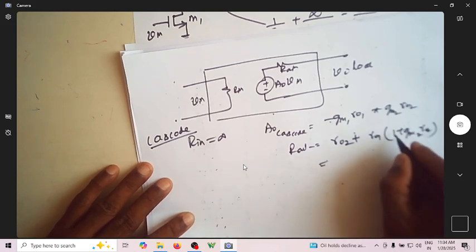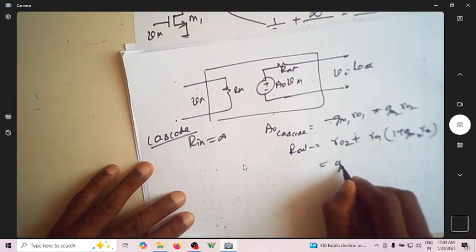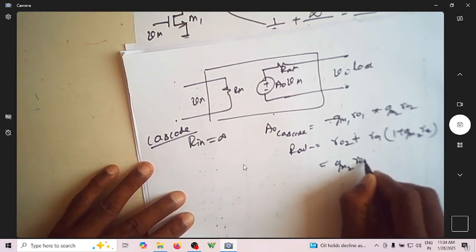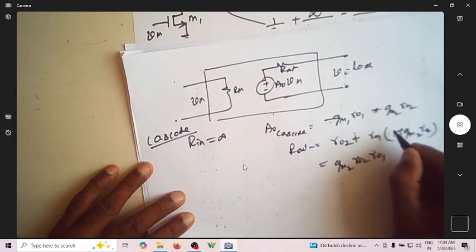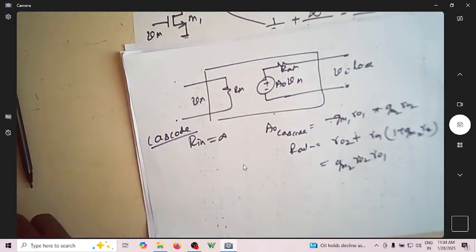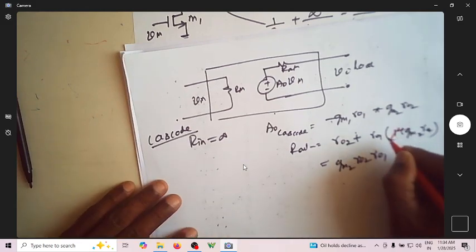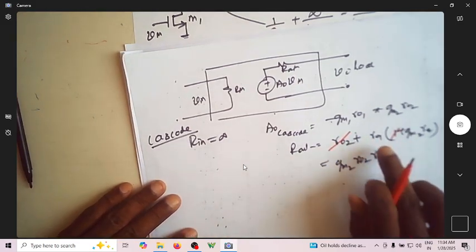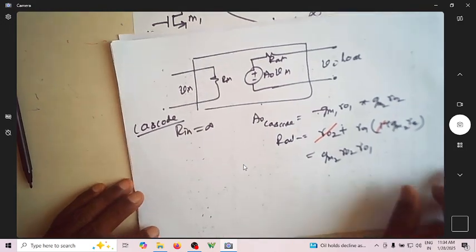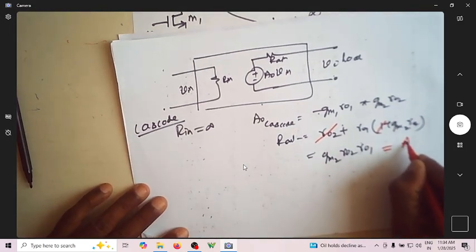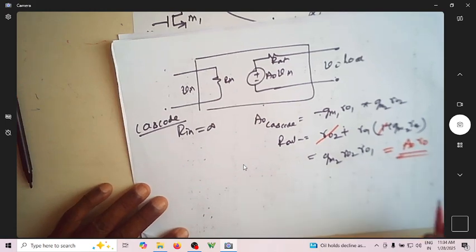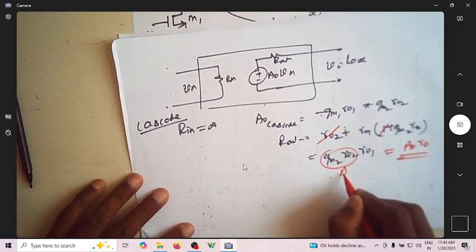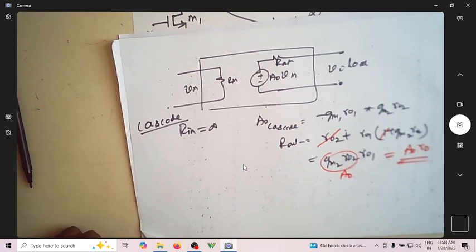This can be approximately written as gm2 ro2 ro1, because I can neglect the other terms. So ultimately it's the product of ro1 gm2 ro2. We will also call this A0 into r0, because this happens to be A0, the intrinsic gain of an amplifier.